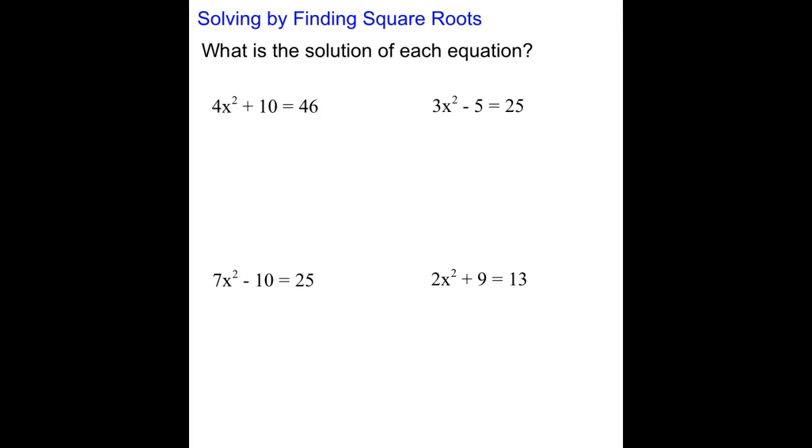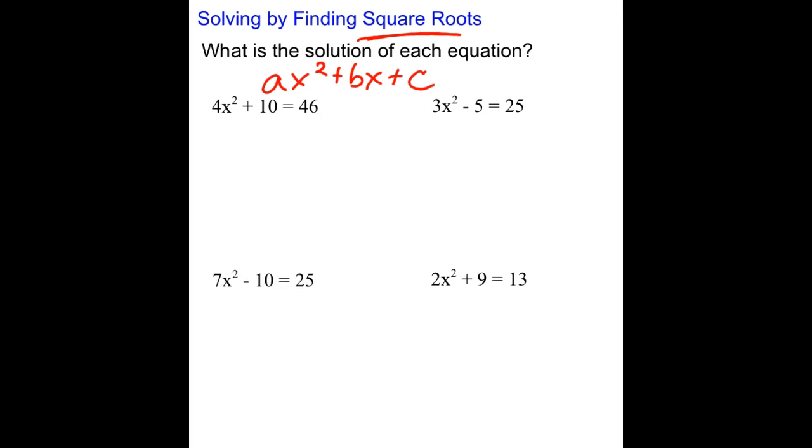So again, if you think about your quadratic equation, right? We don't have that middle bx piece. If you recognize that type of problem where the middle term is missing, you can solve this using square roots. Okay? And again, this is part of those last steps in that whole completing the square process.